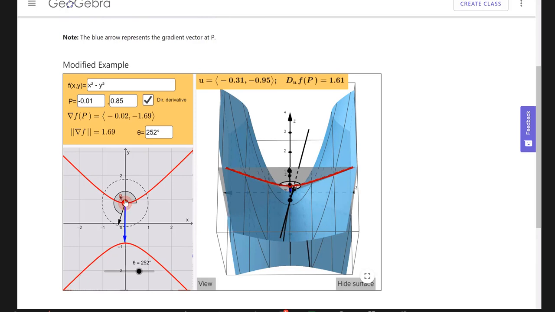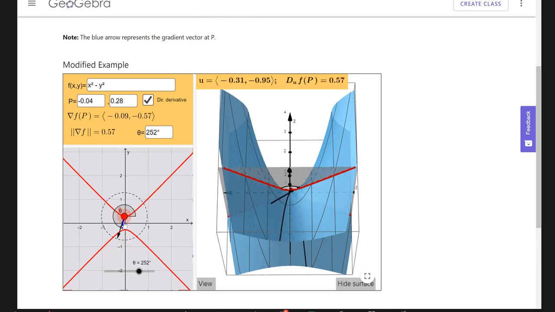By the way, if I put myself right on this saddle point, everything breaks down, because if you compute the gradient at a saddle point, you'd find that the gradient is the zero vector. To tell you where we're going with this, pretty soon we want to do some Calculus 1 problems where we find maximums and minimums on a surface.